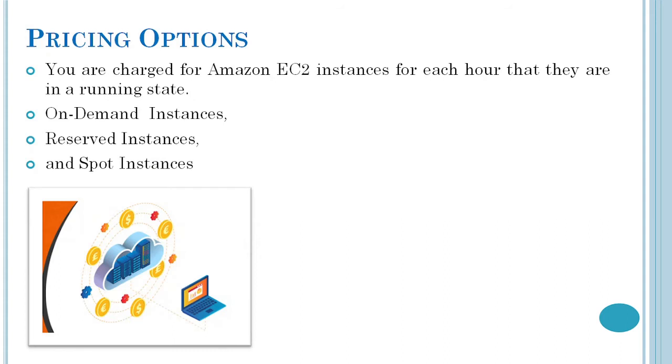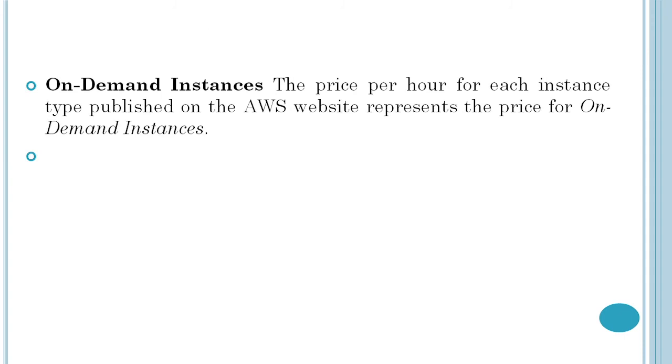So now we'll discuss pricing options. You are charged for Amazon EC2 instances for each hour that they are in the running state. Pricing options vary for on-demand instances, reserved instances, and spot instances. On-demand instances: the price per hour for each instance type published on the AWS website represents the price for on-demand instances.